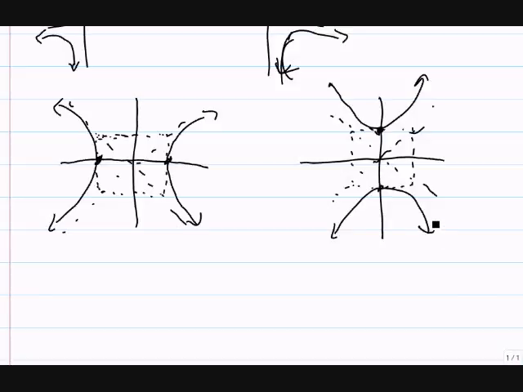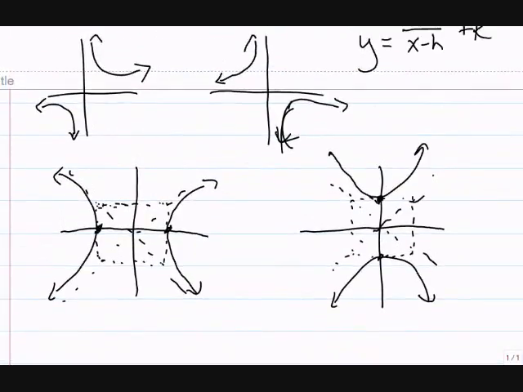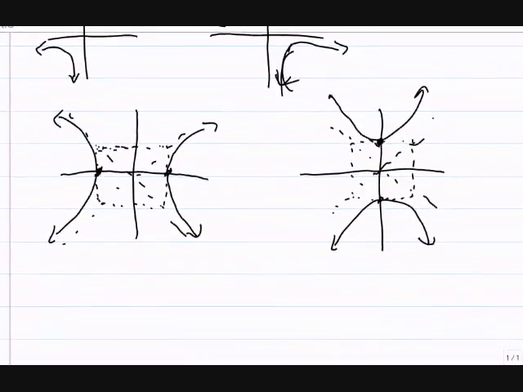So they'll be horizontal and vertical hyperbolas. So they kind of look like those ones from earlier in the year, except they're oriented a little bit differently. Okay, so no problem. We can do these too.